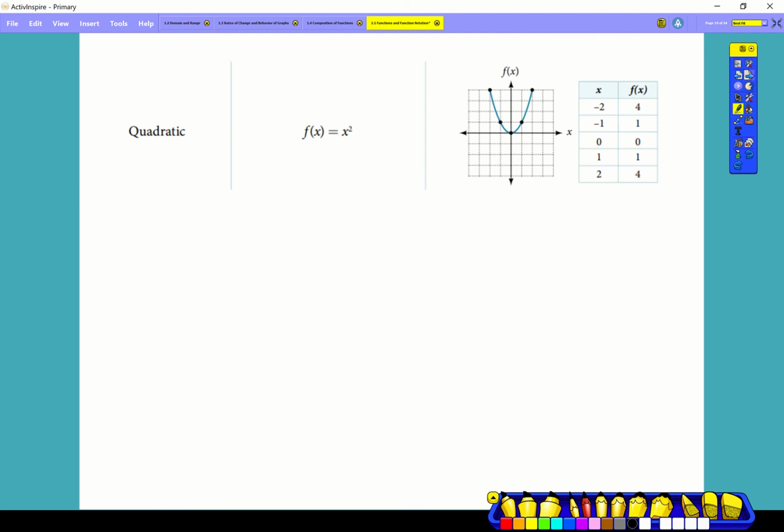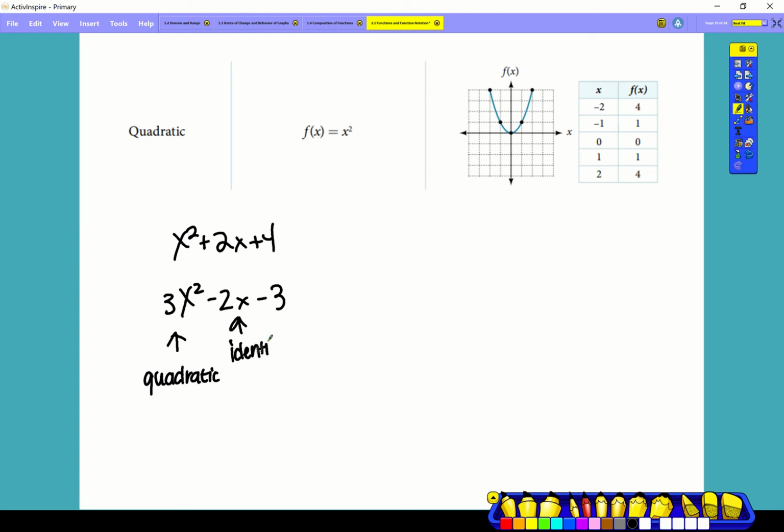So this is a quadratic, x squared. Anything with x squared in front will get you a parabola, which is what this graph is. Notice that this is the quadratic parent function, this is the identity, and that is a constant.